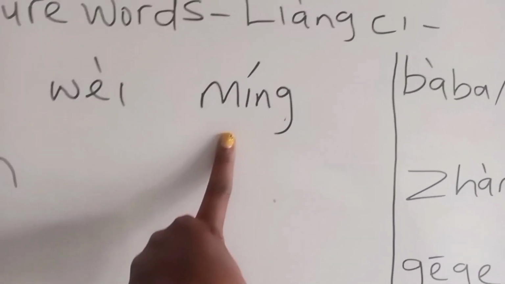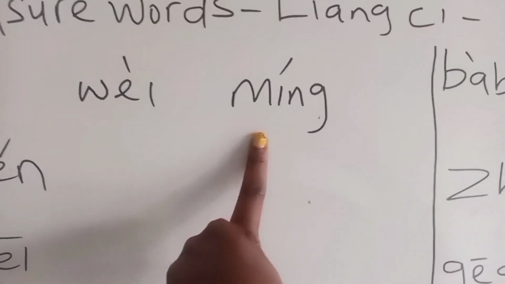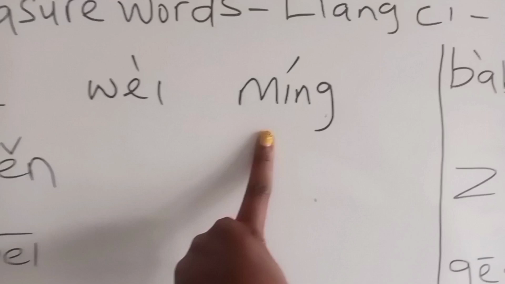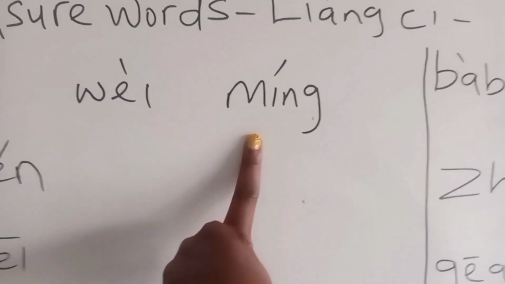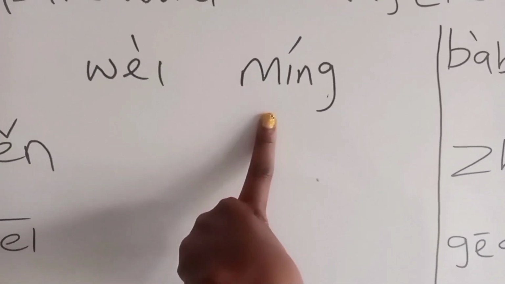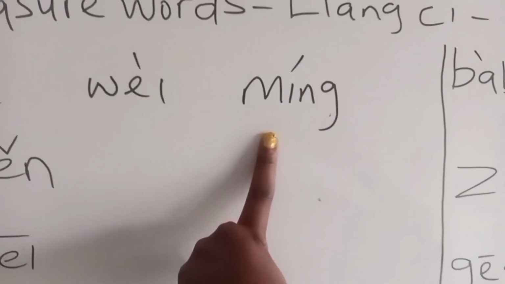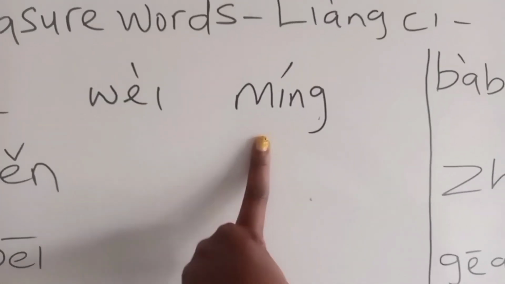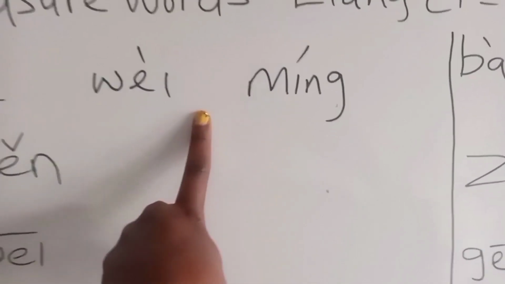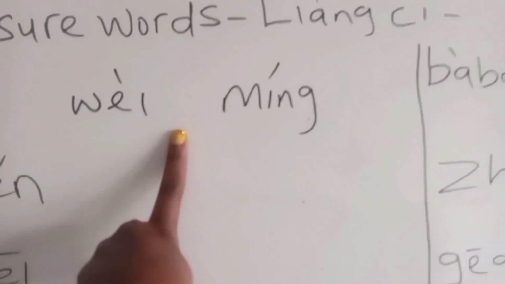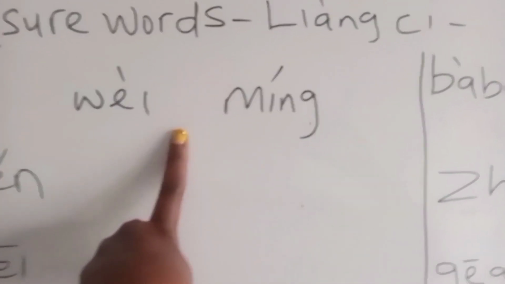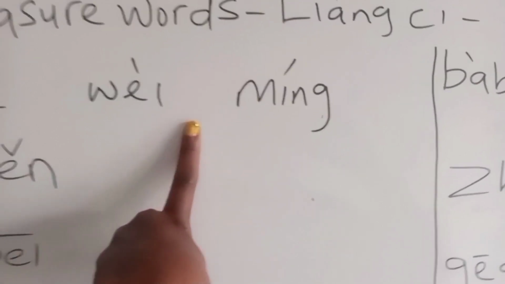So I am recognizing that profession by using 名. And if it is a lawyer, 一名律师. That was why I used it for teacher. 一名老师, a teacher. Yi is 1. If it is 2 teachers, 2名老师, 2名医生, 2 doctors, 2名律师, 2 lawyers.